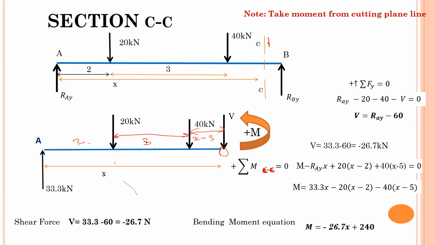Let me see now. Do I have it correct here? What do I have here? I have x minus 2. Yes, this distance is really x minus 2.